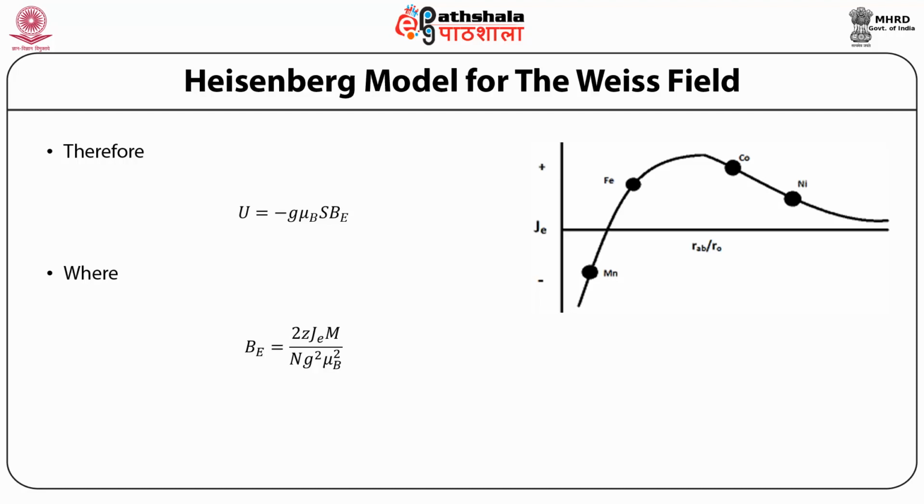So manganese can also be converted into ferromagnetism, but we have to dope it with either antimony, copper or arsenic. So this curve is technologically important if we want to achieve ferromagnetism from paramagnetism.